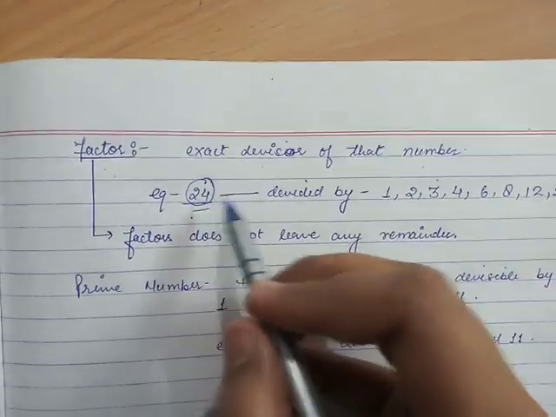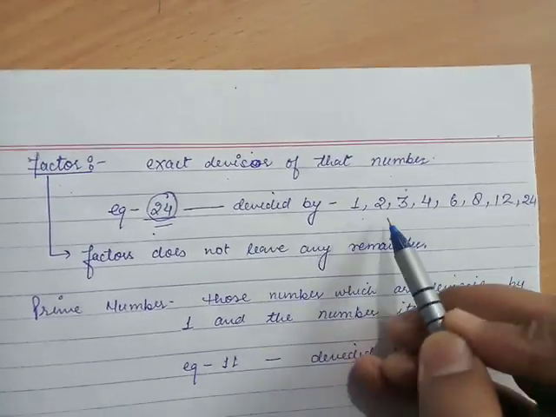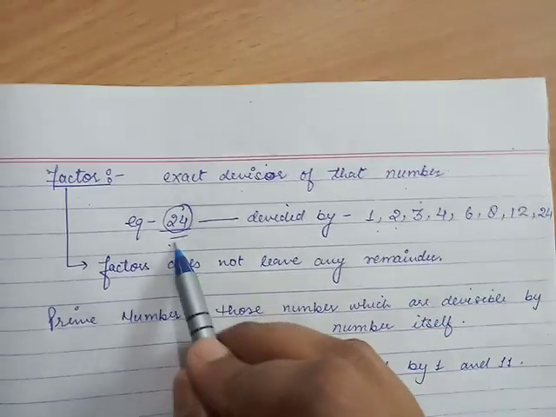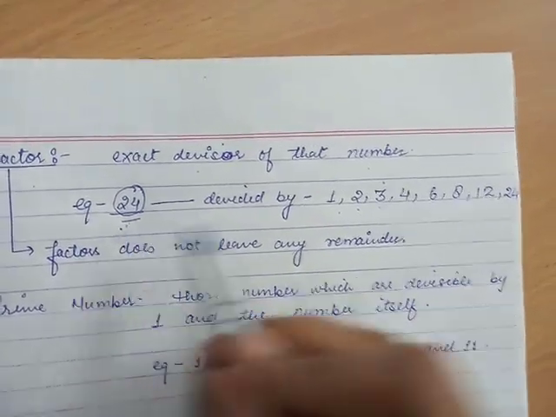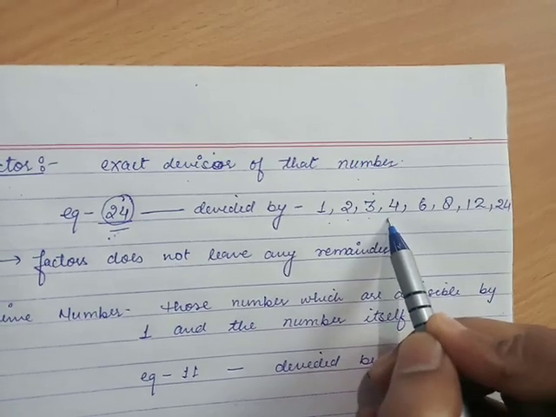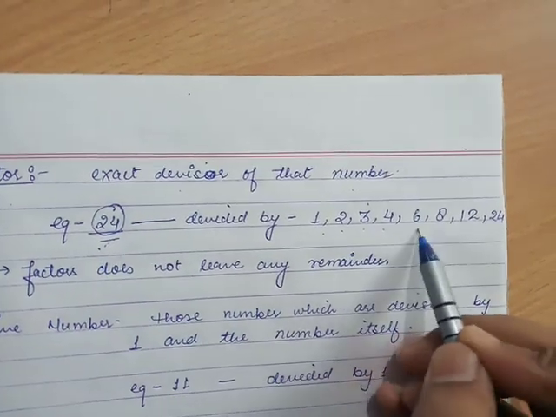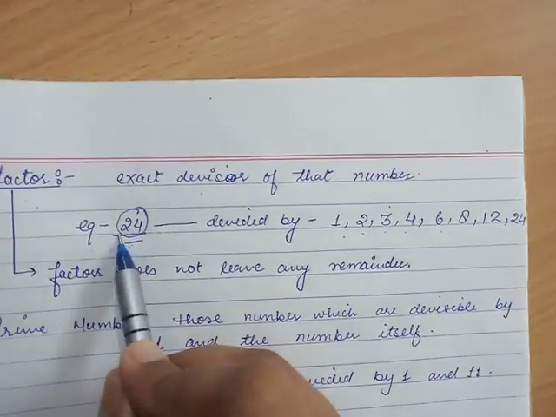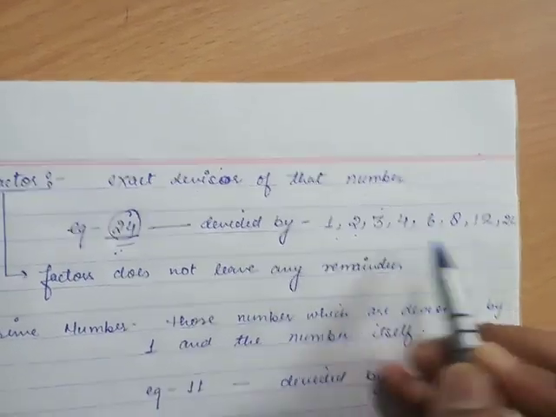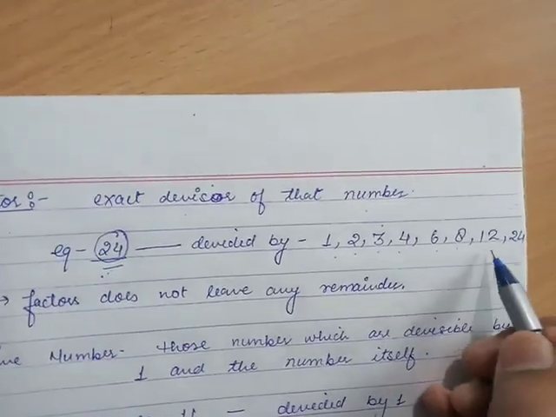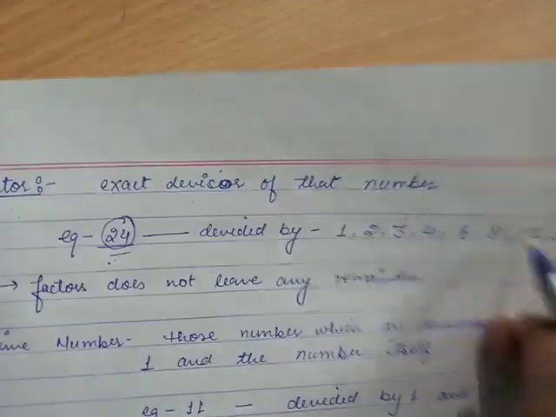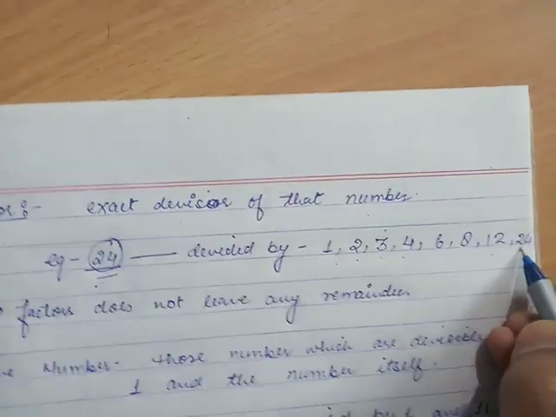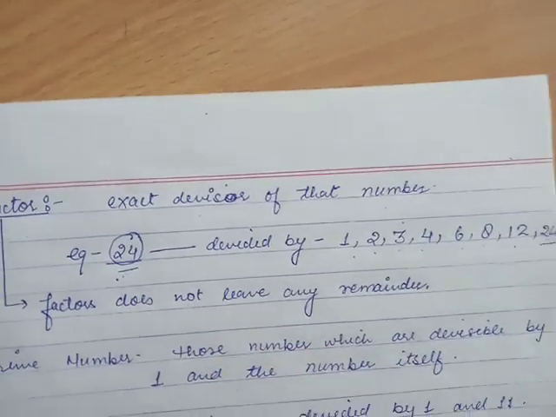You can see that it is divided by 1, 2 12s are 24, 3 8s are 24, 4 6s are 24, 6 4s are 24, 8 3s are 24, 12 2s are 24, and 24 1s are 24.